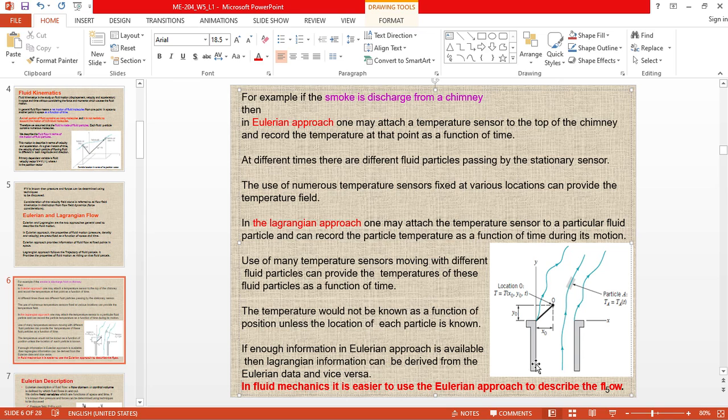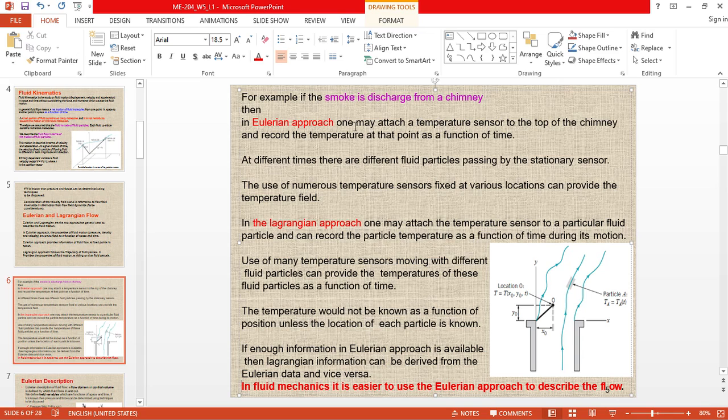We put a sensor at a particular position, observe or measure the fluid or flow properties from that position, and do our analysis based on that. At different times, different fluid particles pass by the stationary sensor. The use of numerous temperature sensors fixed at various locations can provide the temperature field.